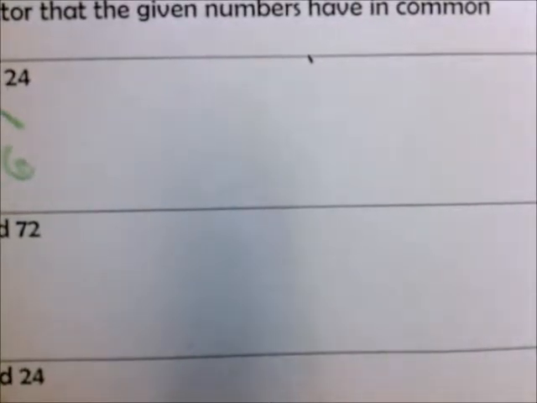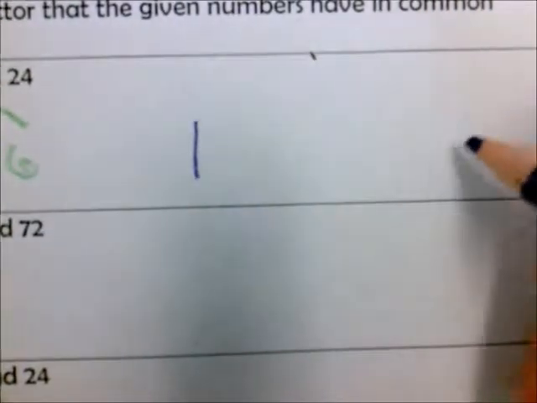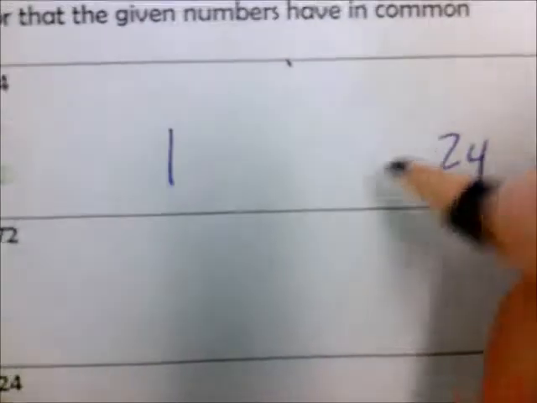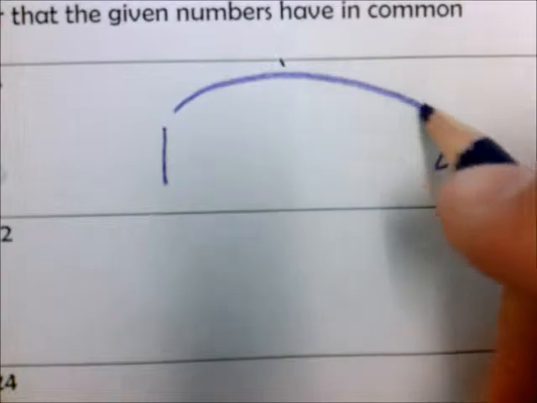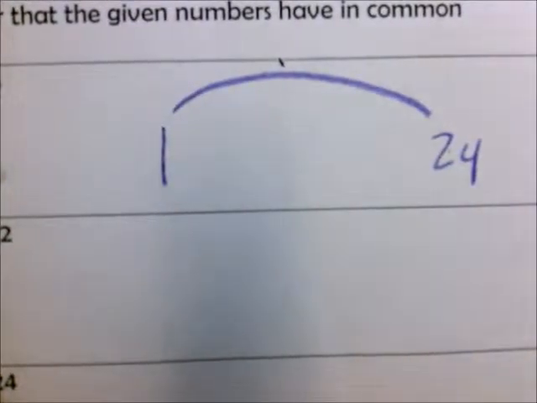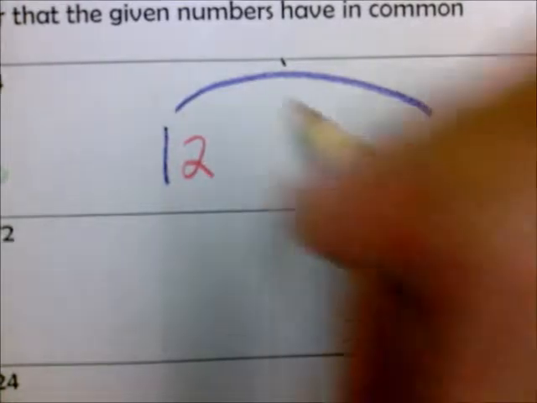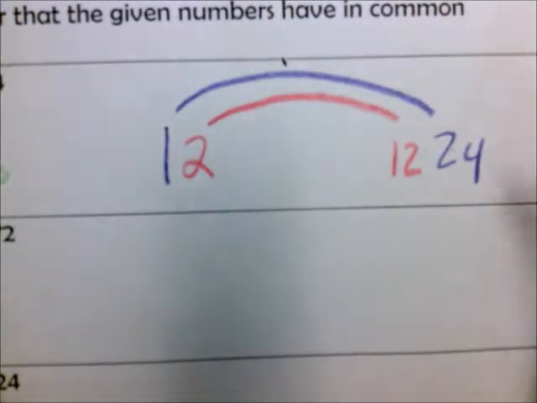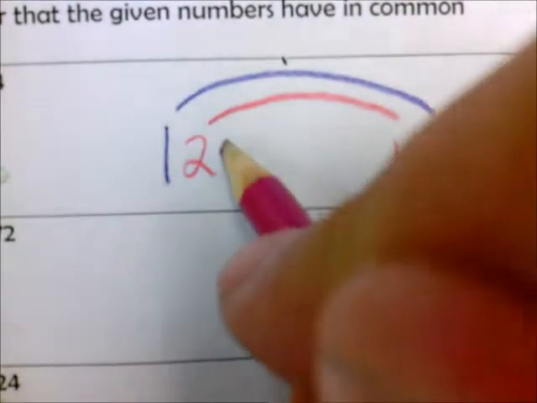And now I can move on to my next one, 24. So I'm going to start off doing the same thing, 1 and 24, and I'm going to connect those with my rainbow. And then I go up sequentially again, 2, and I know 12. 2 times 12 is 24. And then we're going to go, does 3 go into 24? Yes, it does.